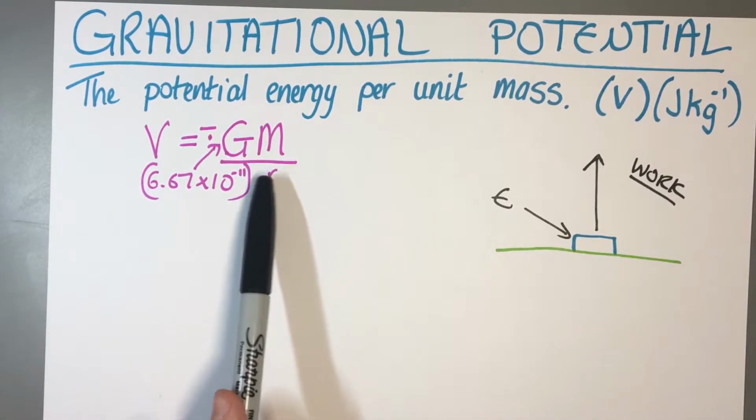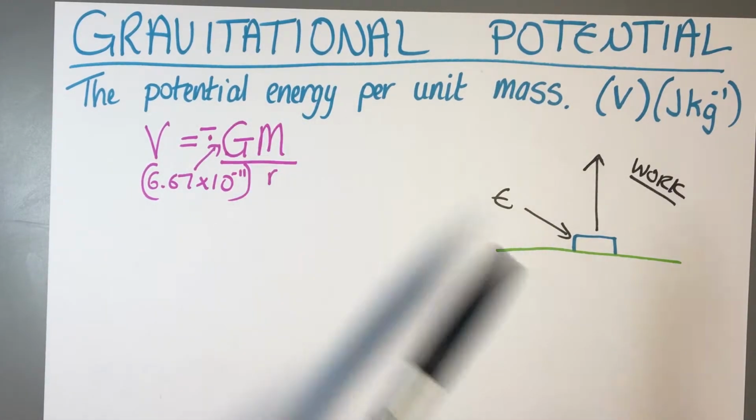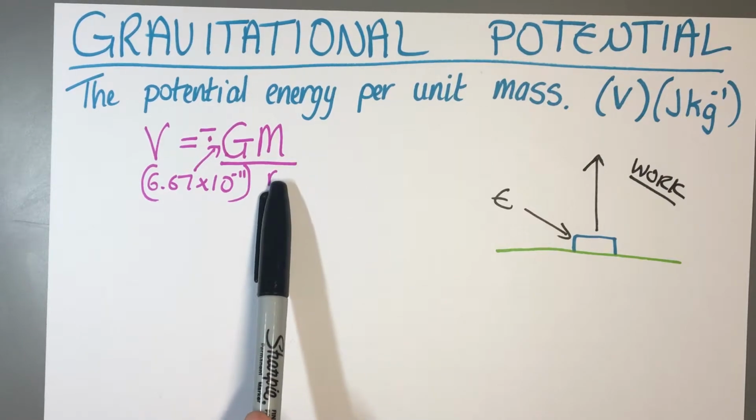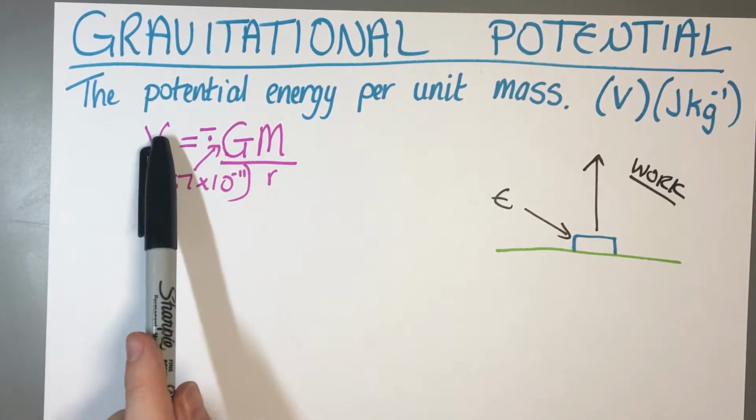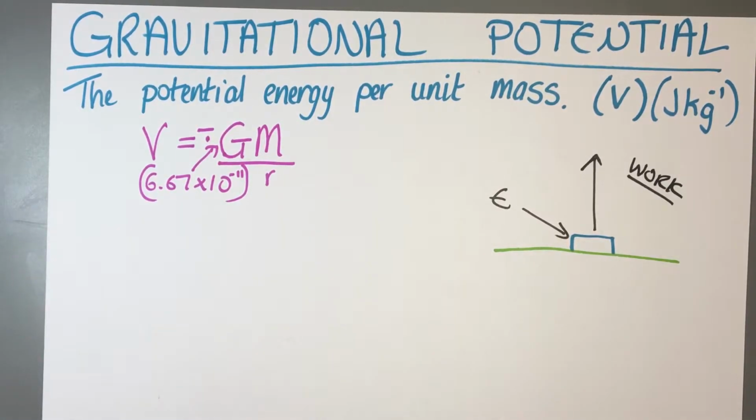If we are increasing our r, the distance away from the large mass we're moving away from, and this gets infinitely big, it means that V is going to get infinitely small. So an infinite distance away, our V is going to be 0.